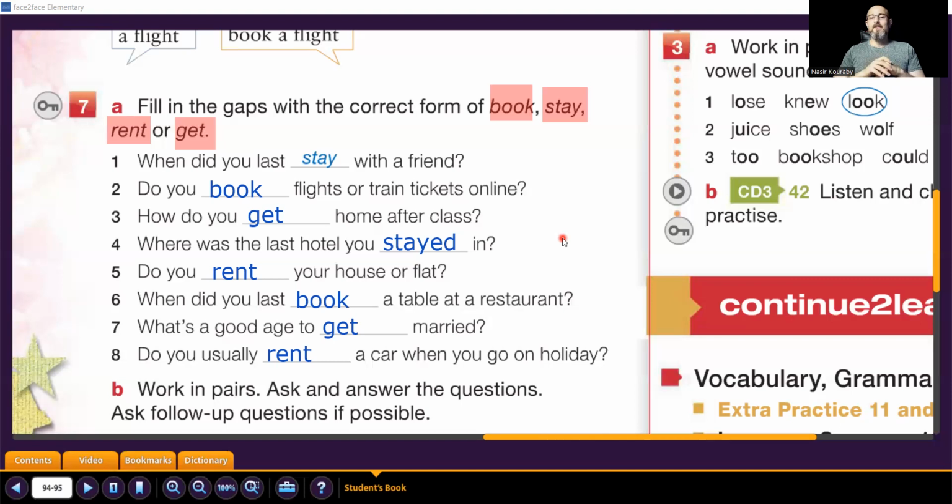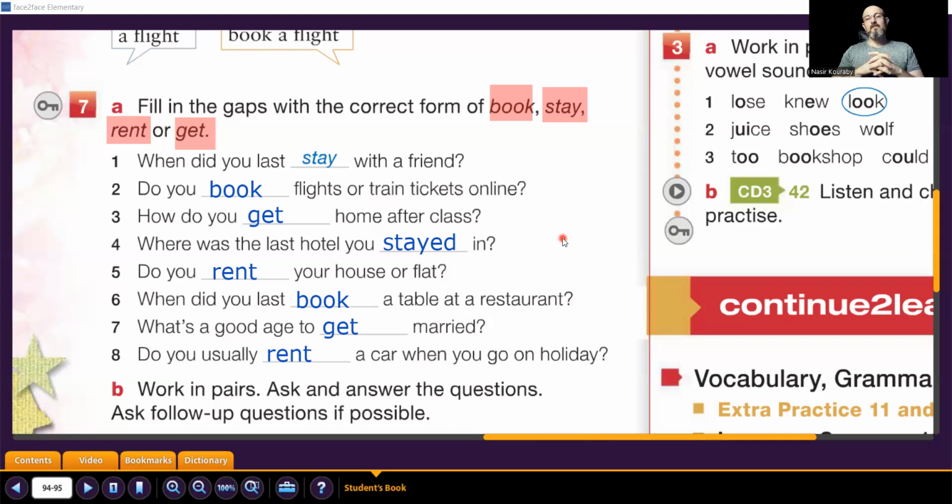So number seven, what's a good age to get married? This is a very nice question. And it depends on the culture, depend on maybe the family, education. Yeah, for me, I think men and women are different.